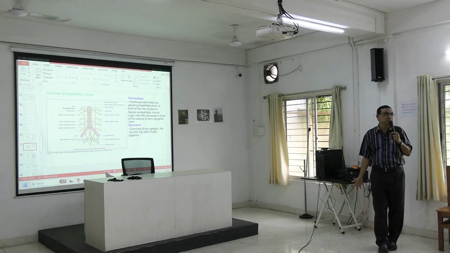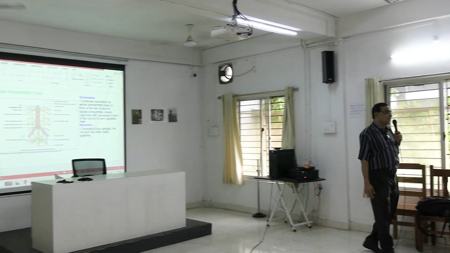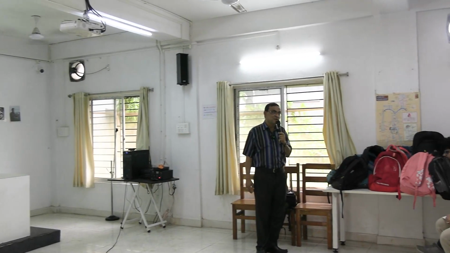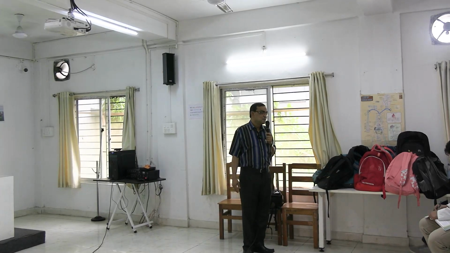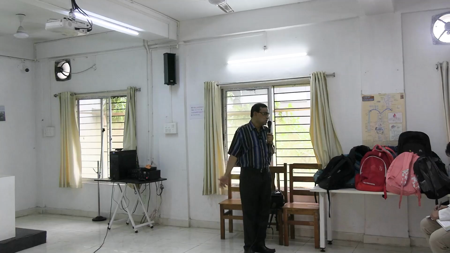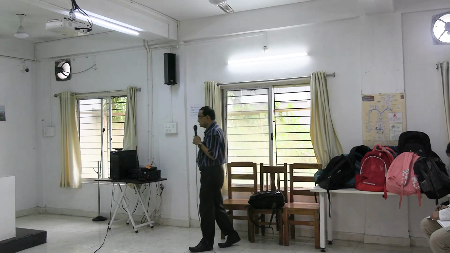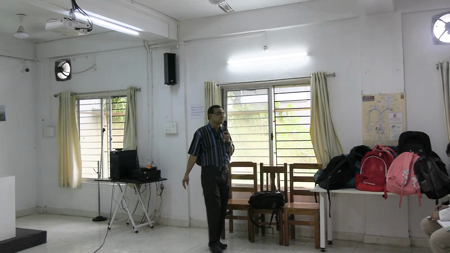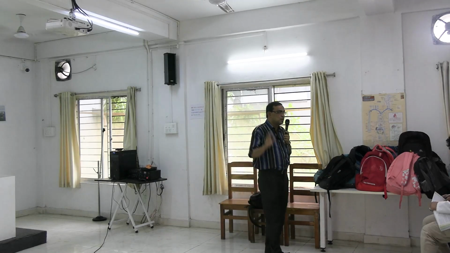Actually, that is also called a misnomer. Sometimes it may be present at the L5 vertebra. So it is called the hypogastric plexus or the presacral plexus. Because these nerve plexuses are important, they have some clinical value.